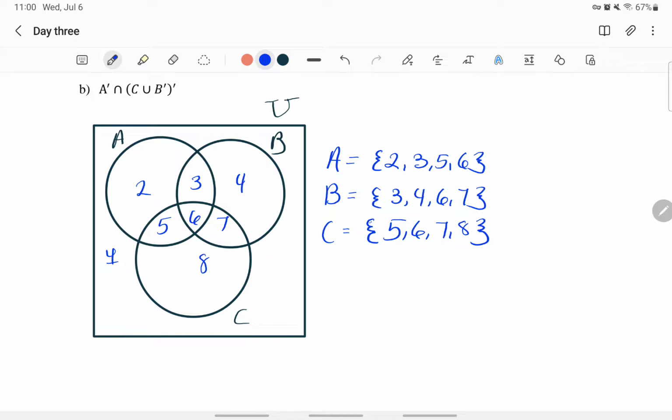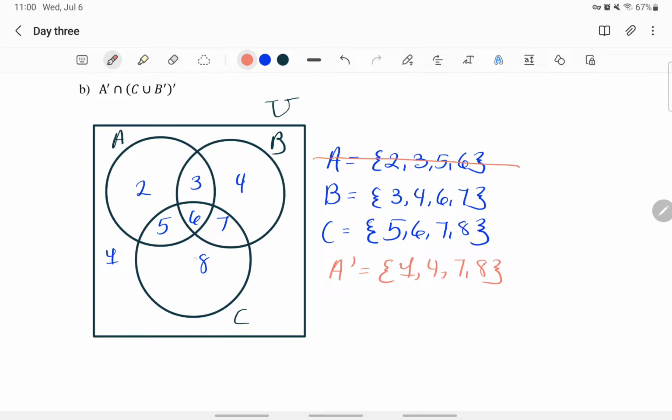Now, if you notice here, we also have an A complement. So that's going to be every element in the universal set that's not a part of A. So every number that is not 2, 3, 5, and 6, well, that's going to be 1, 4, 7, and 8.